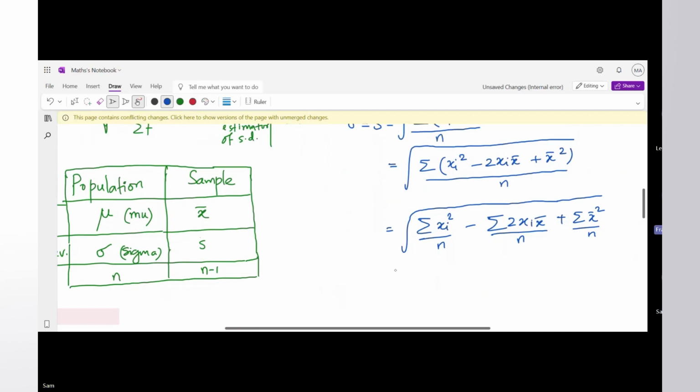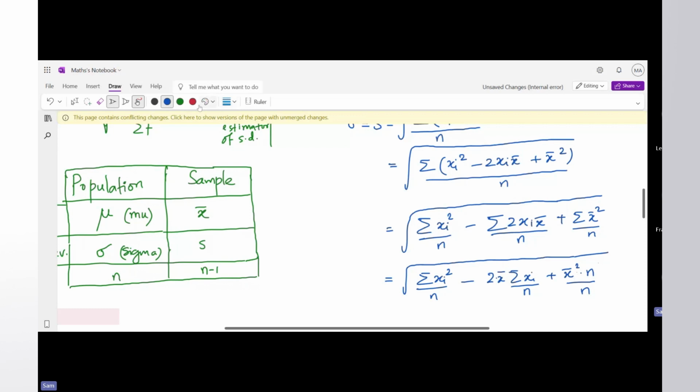So this is like the square root of sigma xi squared upon n, minus, here I can write this as 2x bar sigma xi upon n, plus x bar squared times n upon n.